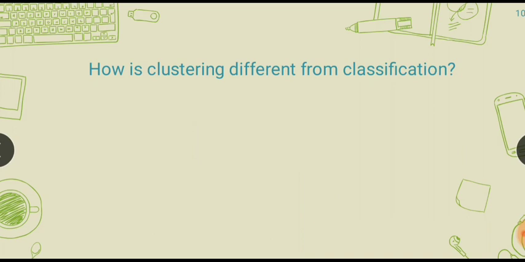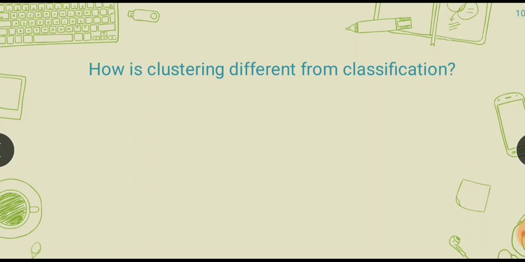Then, to end this overview on clustering, I just want to bring to your notice how clustering is different from classification. Classification is supervised learning. That is, you already have predefined classes and you put data elements into these classes as they fit in.